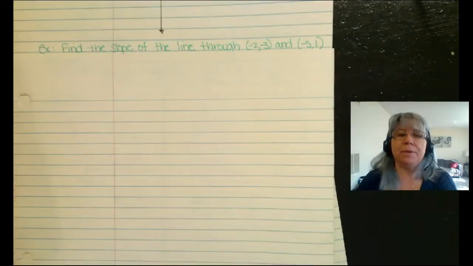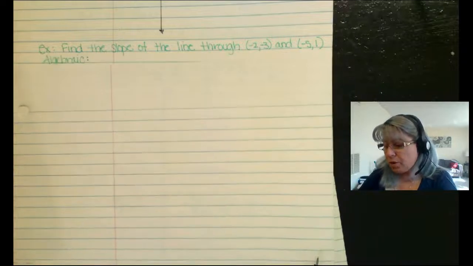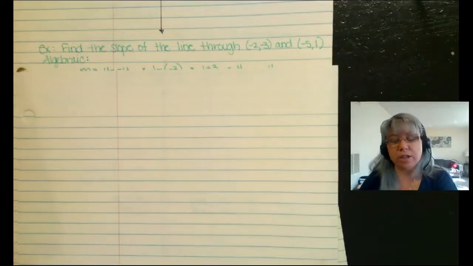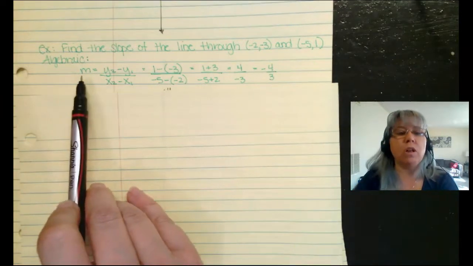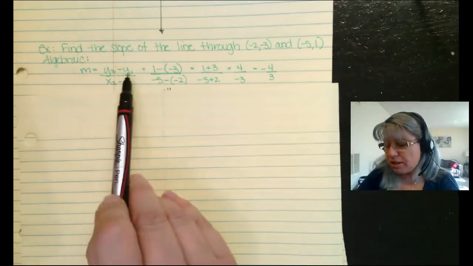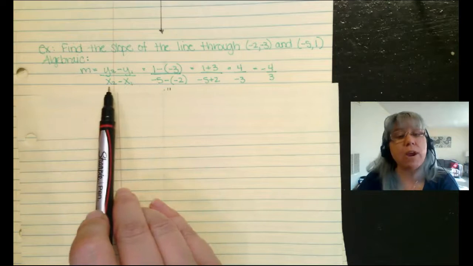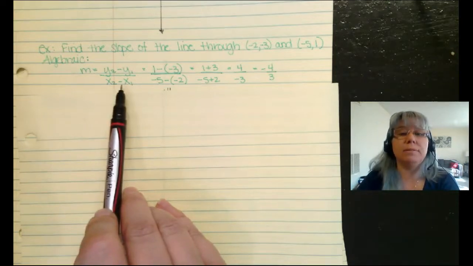Let's do an example. Find the slope of the line that passes through -2, 3 and -5, 1. Now I have my formula that I can use. Slope, which we'll call m, equals y2 minus y1 over x2 minus x1.